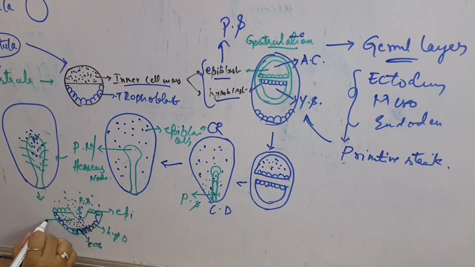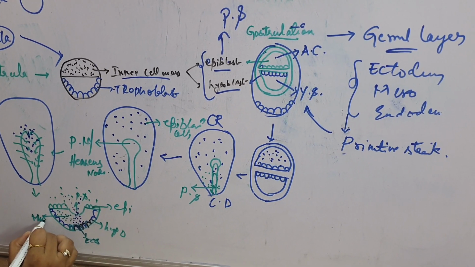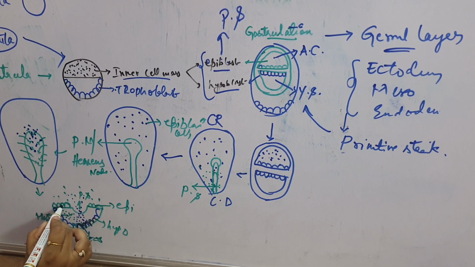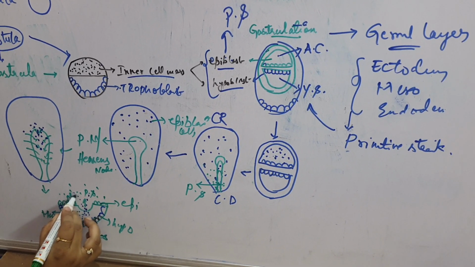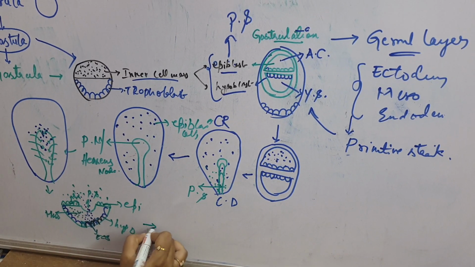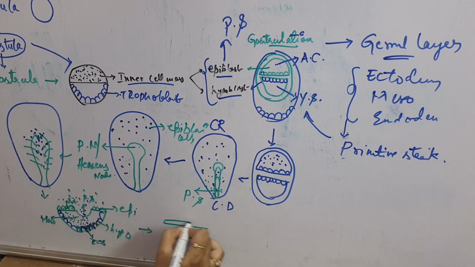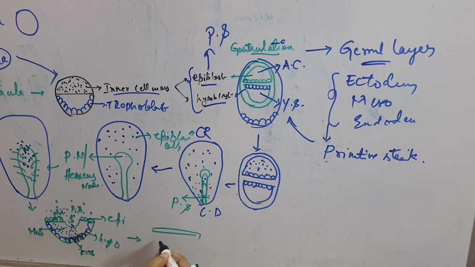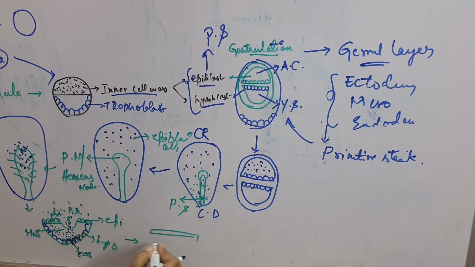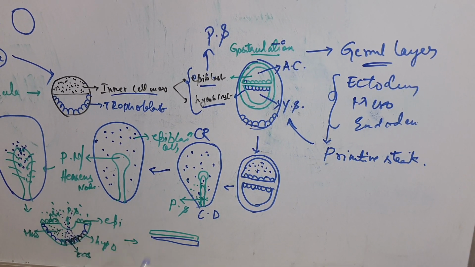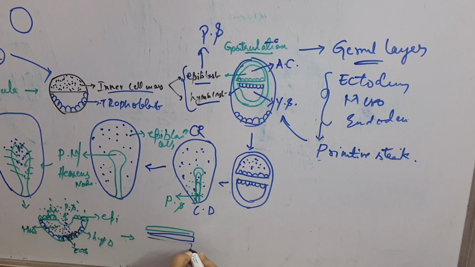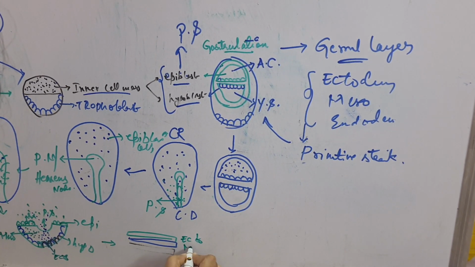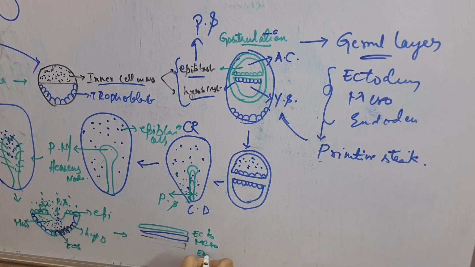So this center layer is called what? Mesoderm. Now the remaining cells that are present in the epiblast will change into what cells? Ectoderm. So this is how the three layers, ectoderm, mesoderm and endoderm, are formed.